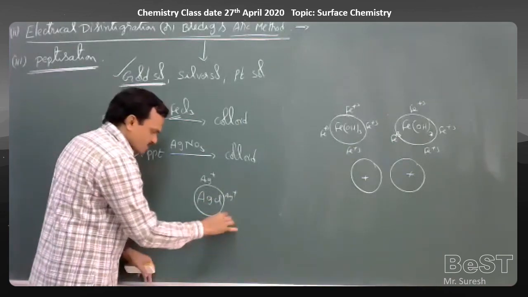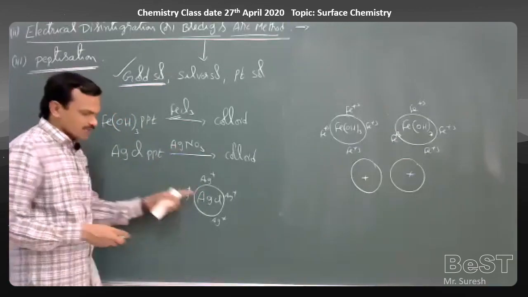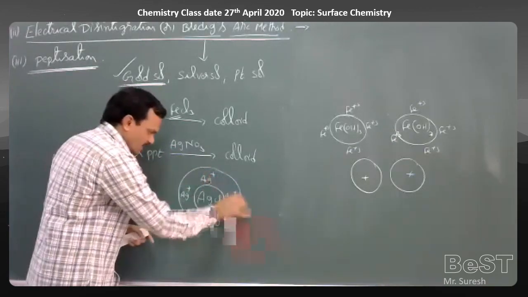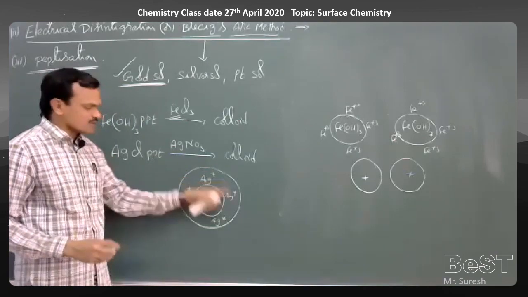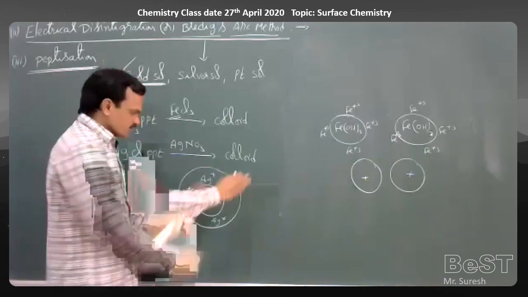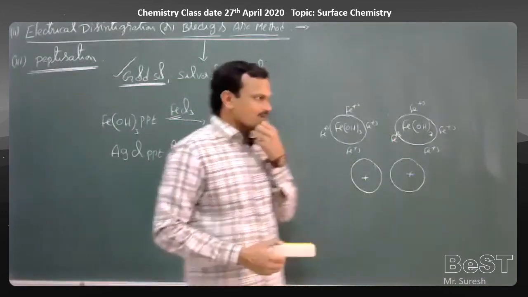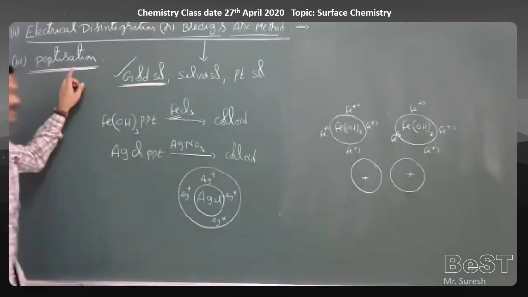Means the ions which are common to the precipitate get adsorbed here. As a result, we get a colloidal sized particle with a positive charge. Since the positively charged particles repel each other, these particles get dispersed in solution as colloidal sized particles, and that is what is called peptidization.